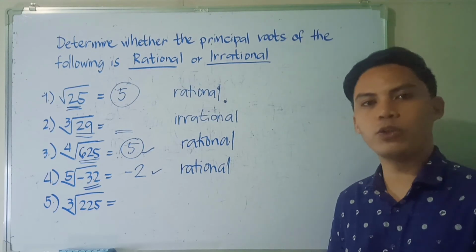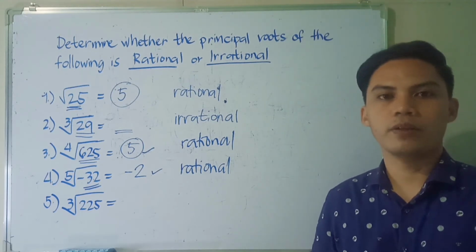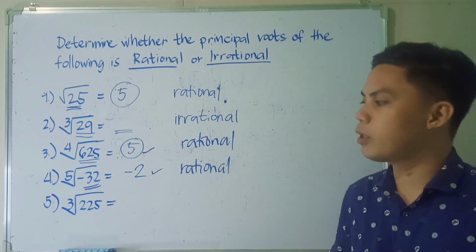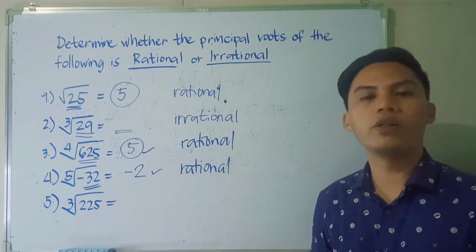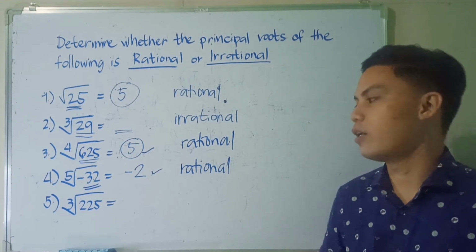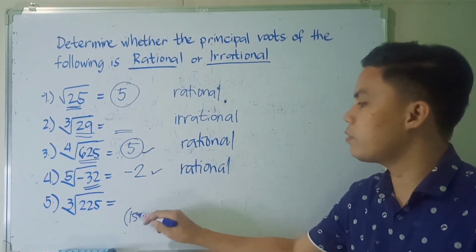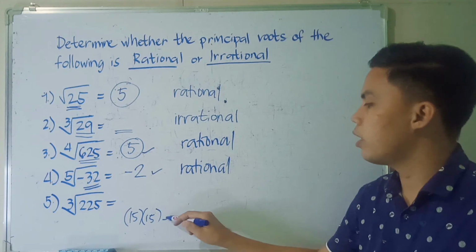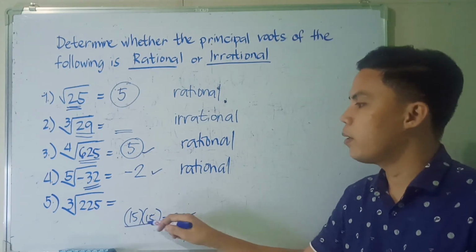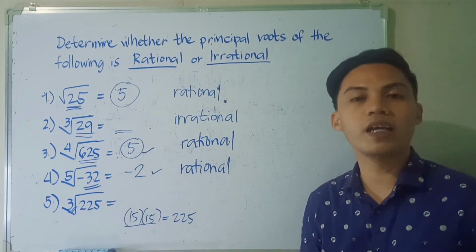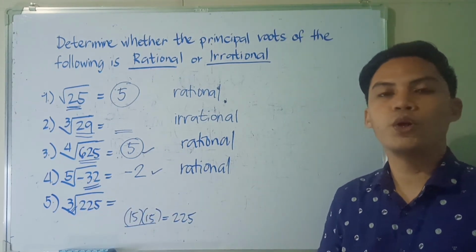Now, how about the last example? Cube root of 225. So, may number ba na pag imumultiply natin sa kanyang sarili magiging 225? Wala. Okay? Kasi pag 15 times 15, that is automatically 225. So, dalawang beses lang. In this case, tatlong beses kasi nga, yung index natin is equal to 3.